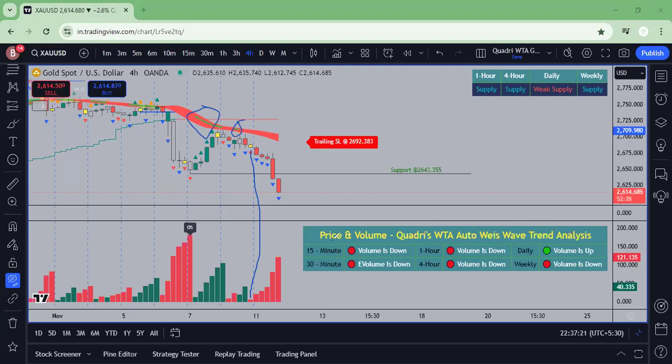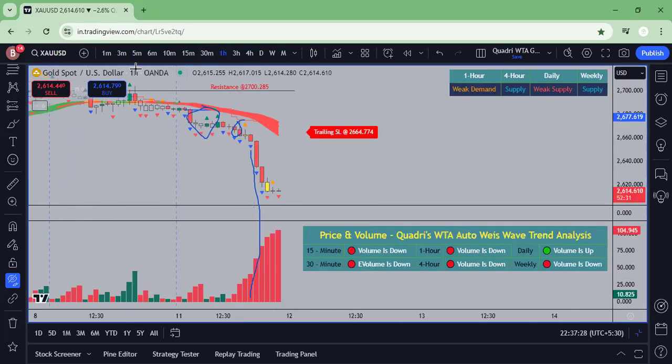Having said that, what you have to do is align your trading time frame bias with the higher time frame bias, and if they correlate with each other, open a trade. That's it.